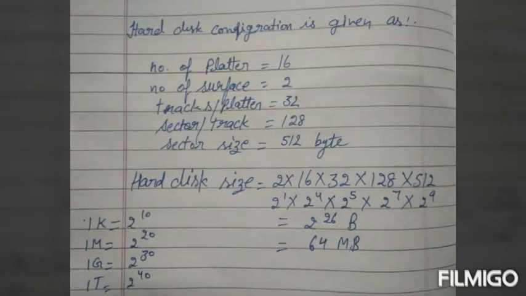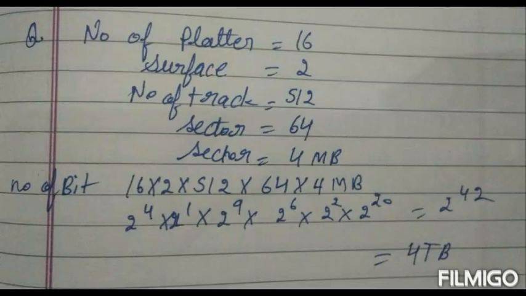We know that 1 megabyte is equal to 2 ki power 20. That's why when we subtract 2 ki power 20, it becomes 1 megabyte and only 6 remains. After subtraction, 26 minus 20, we solve 2 ki power 6 is equal to 64. The size of the hard disk is 64 MB.